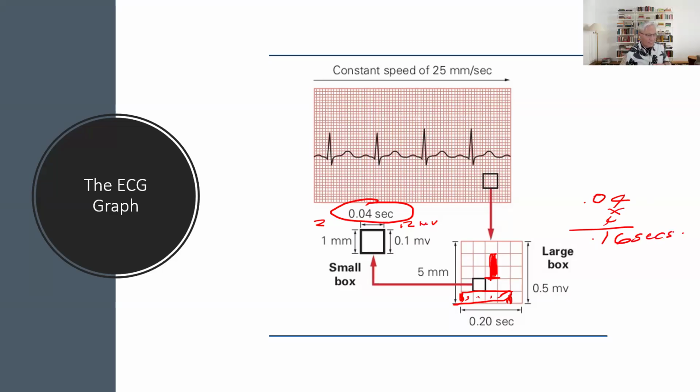Very good. Okay. So you understand that? All right, that's all we're going to talk about the electrocardiographic graph paper. Okay, what it means. All right, so each small square is equal to 1 millimeter or 0.1 millivolt. Each millimeter represents 0.04 seconds of time interval.